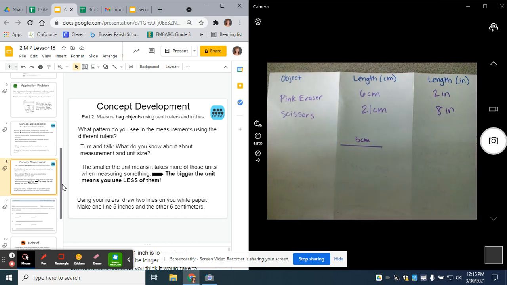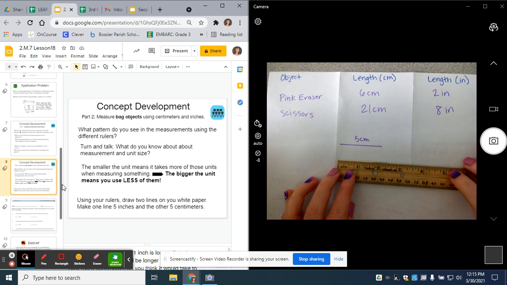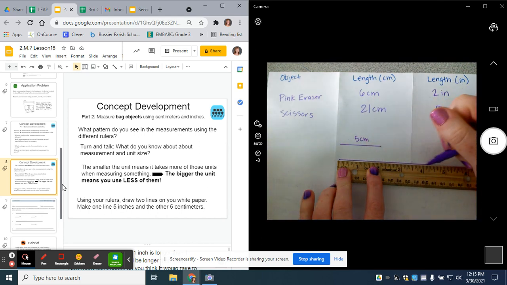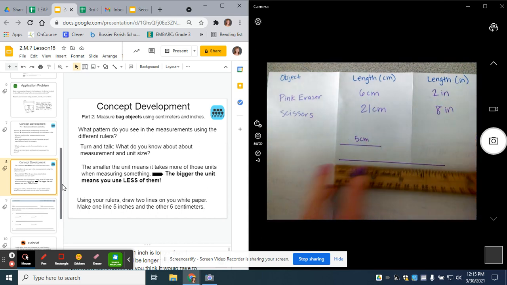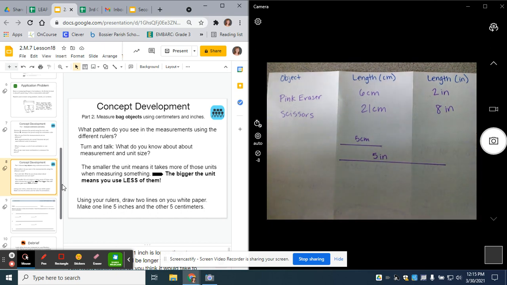And then I'm going to flip my ruler around and draw another line that is 5 inches long. Stop at 5. 5 inches.